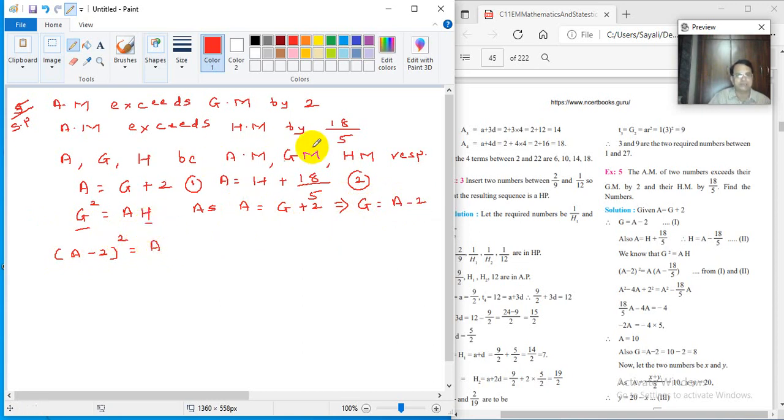This h, what was given to us is the relation between a and h: a is equal to h plus 18/5. That is given.